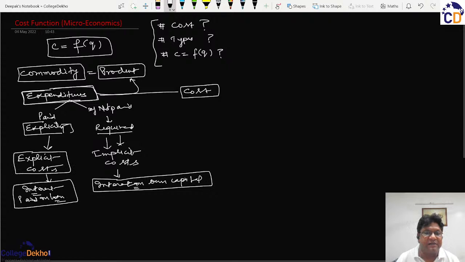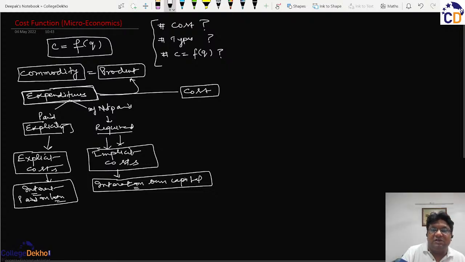On similar lines, if the funds are provided by the owner himself, that is, he has not taken any loan from the outside, then obviously he is not expressly paying any interest, but the interest that could have been paid on such funds will be deemed as the implicit cost, and it will also be a part of the cost.